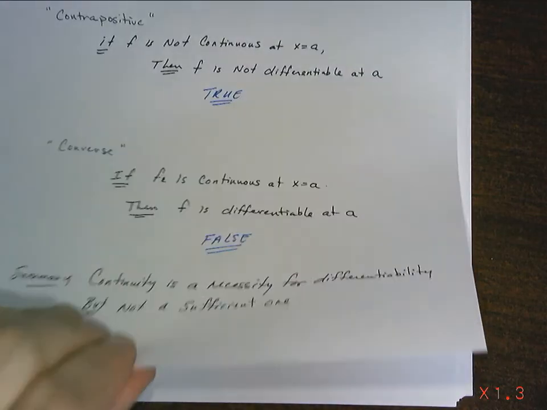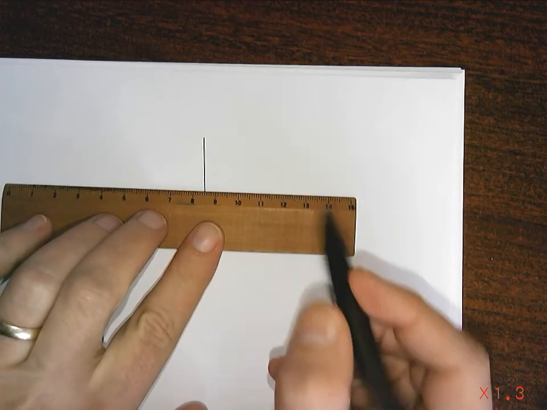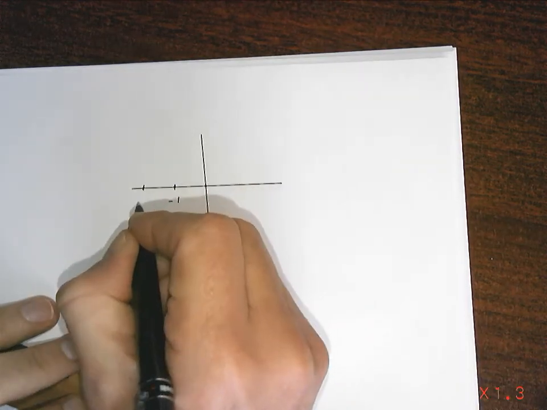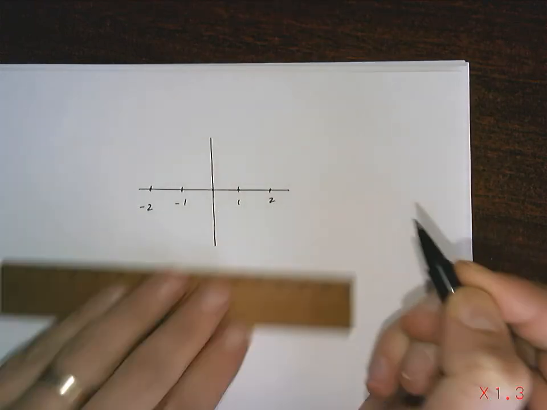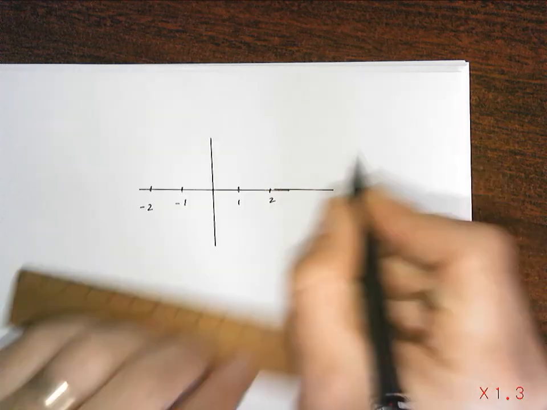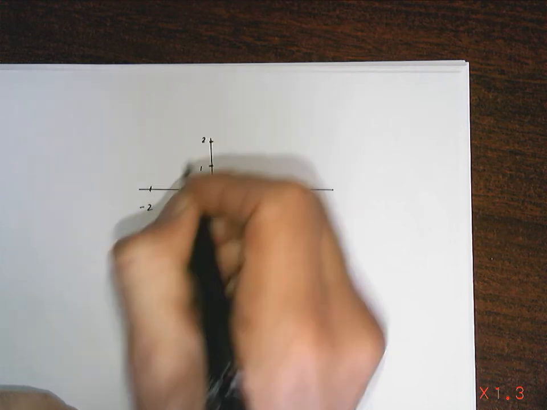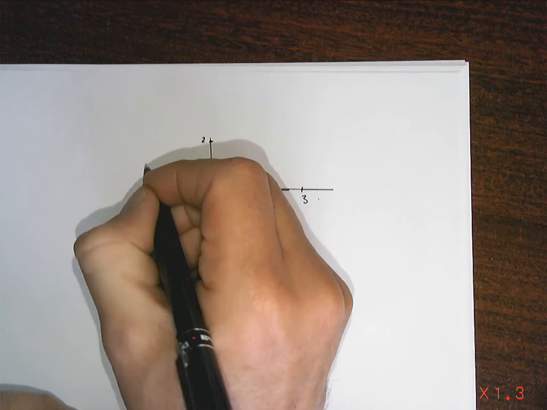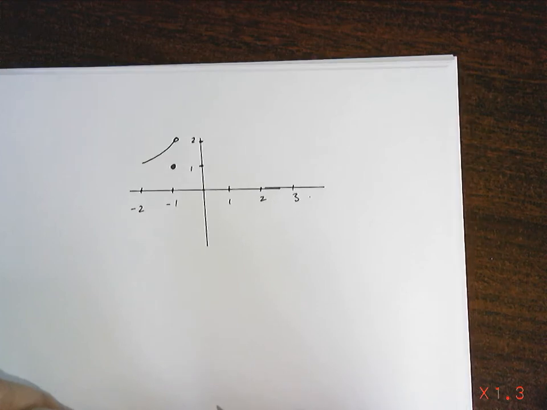So let's take a look at an example that we'll do together. We'll draw it. So let's put a dot here. Let's put an open dot up there.